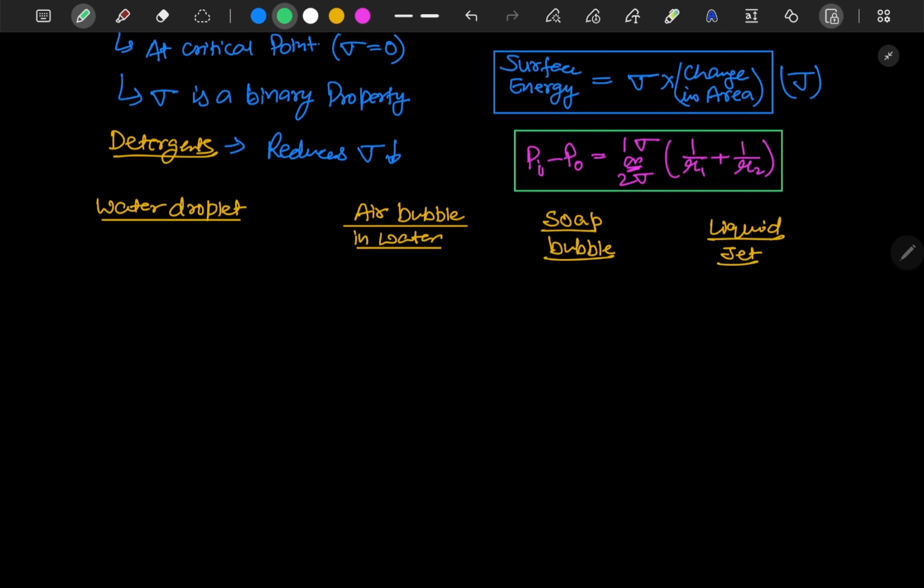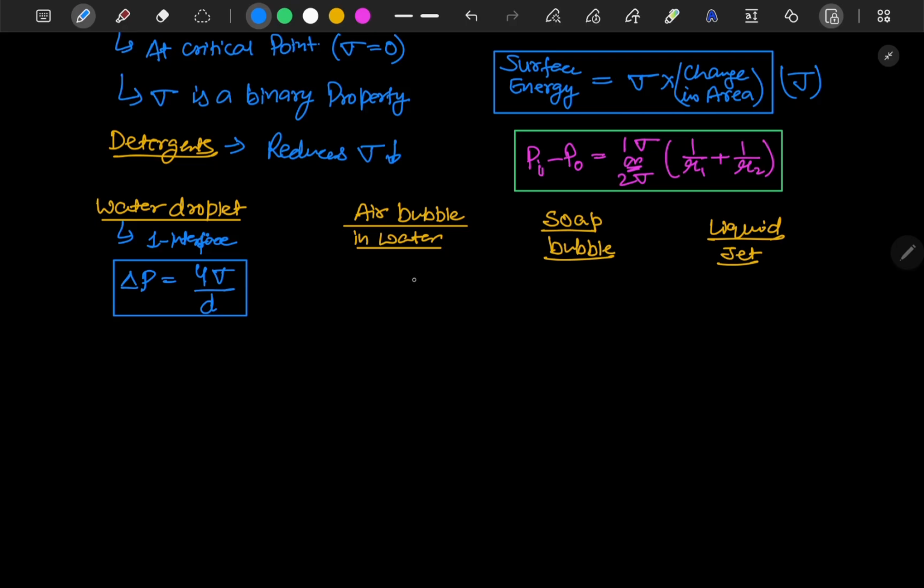And in case of a water droplet, it is one interface. Delta P, Pi minus P naught, is given by this, where R1 is equal to R2 is equal to R in case of a water droplet. So this becomes 4 sigma by D.